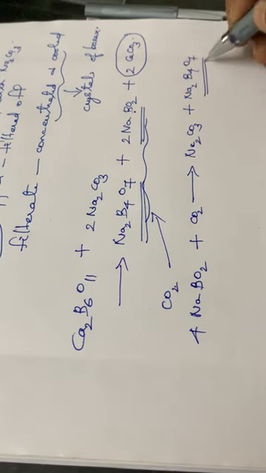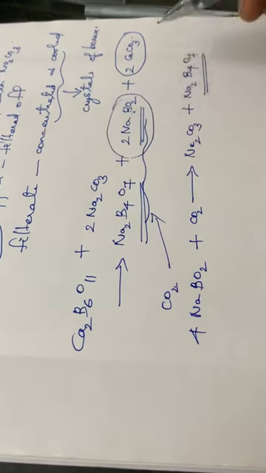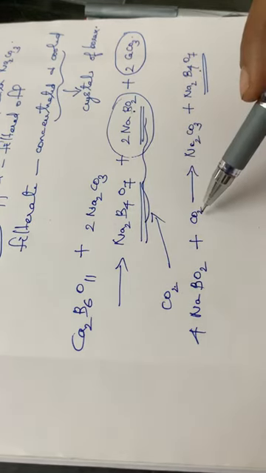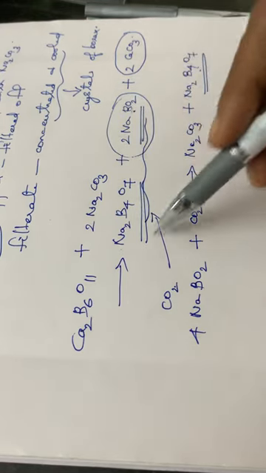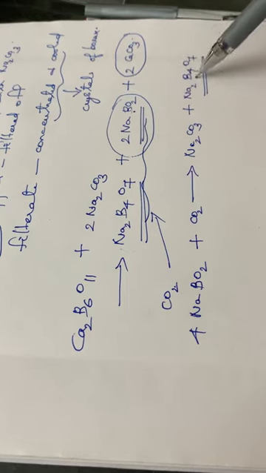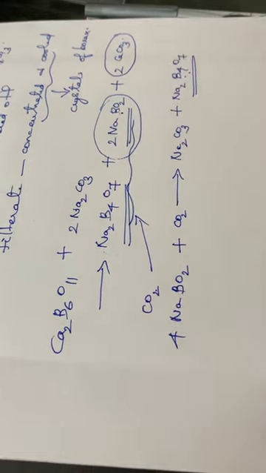Again, we will have crystals of borax. So the metaborate is also converted to borax. In the last step, we pass carbon dioxide through the filtrate, and the sodium metaborate is converted to borax. That is the first method of preparation of borax from colemanite mineral.